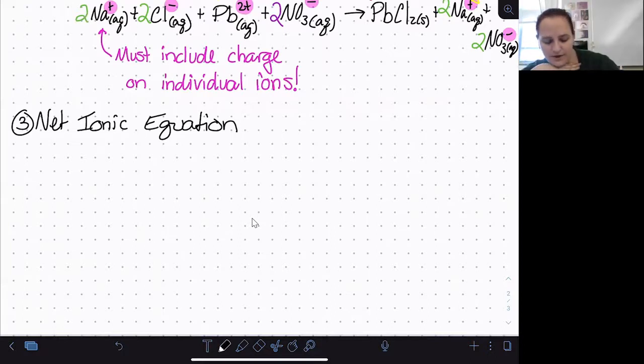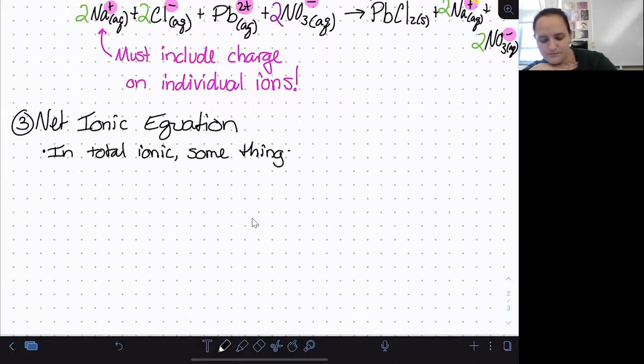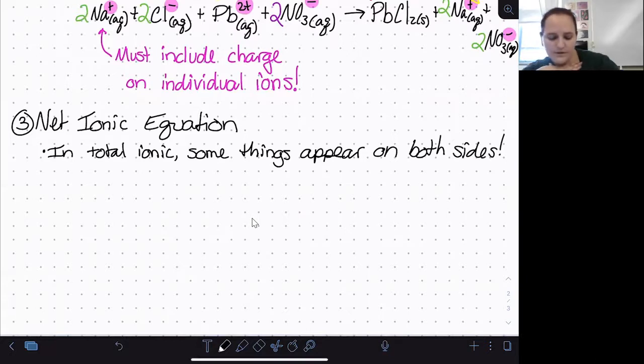So in our total ionic equation, some species appear on both sides. These are what we call spectator ions because they're not actually doing anything.